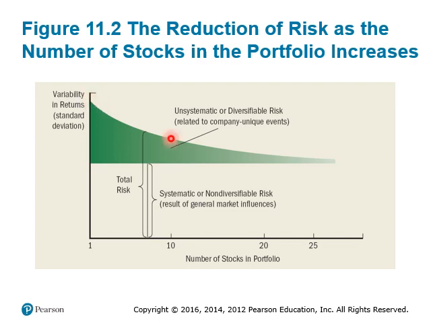This is the unsystematic or diversifiable risk. This here is the systematic. From here to here we have the systematic, while this green portion relates to the unsystematic or the diversifiable risk. So the total risk comprises all what we have here.